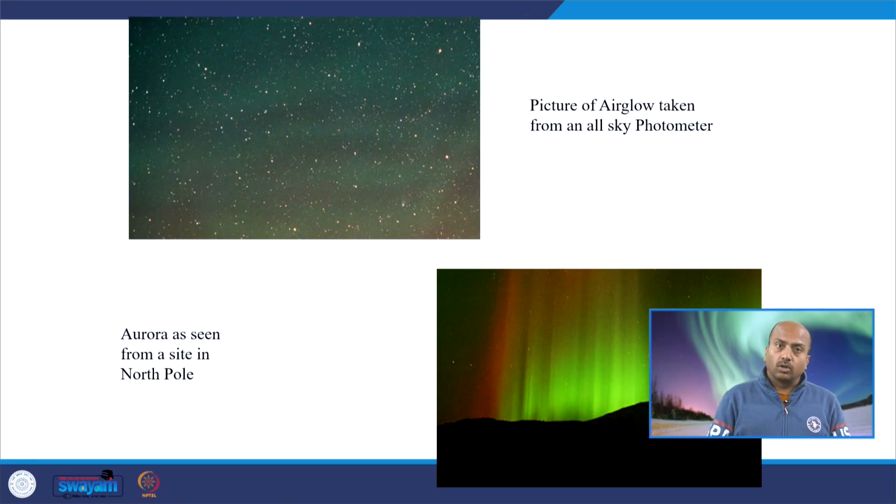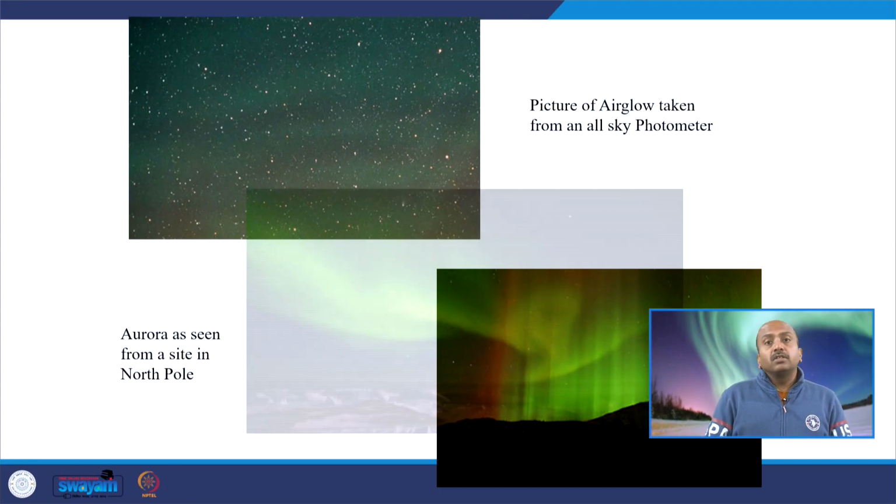Just to maintain some continuity, this is how airglow emissions look, which is a constant or uniform background in the sky. This background appears green, primarily because of the radiating species, which is oxygen in this case. And this is a photograph taken at the polar locations showing intense auroral emissions in the North Pole.